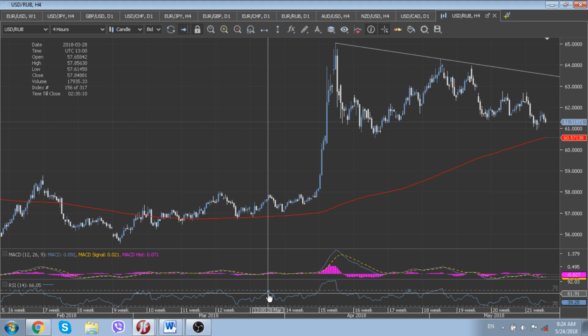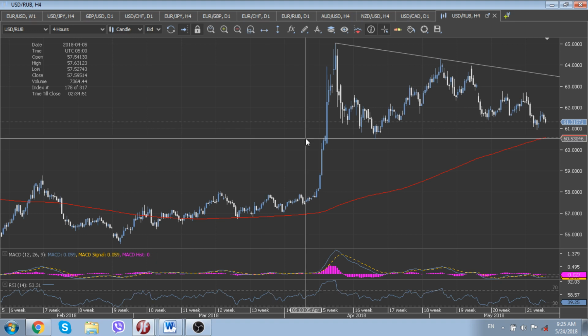In the case of dollar ruble, the pair has some room to depreciate, and from that point of view we will use a possible decline to below 60.60 to buy the pair with a stop below 60.30. That's our view of a short-term trading opportunity.